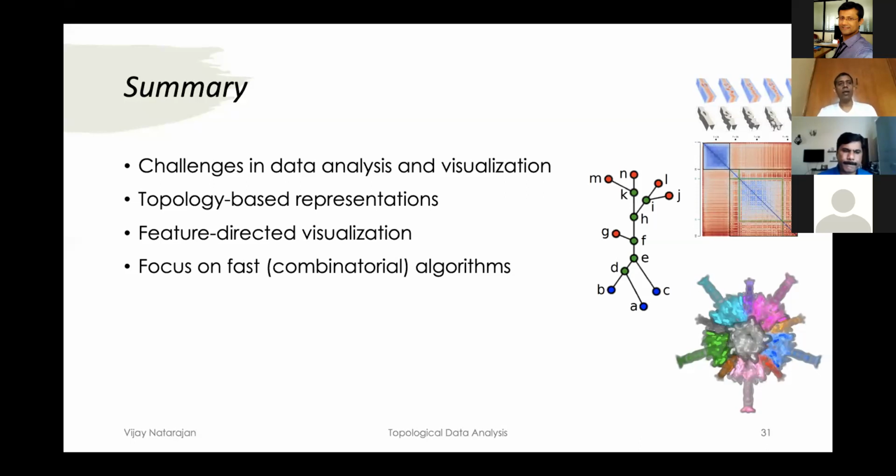They essentially include a combination of graph search, simple sorting, and searching algorithms. They do not involve any numerical computation. So this leads to very fast and efficient implementations. Often these implementations are also parallel in nature. They run both on the GPU and on multi-core CPUs.